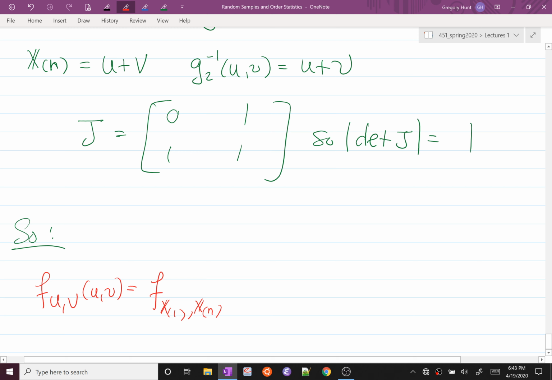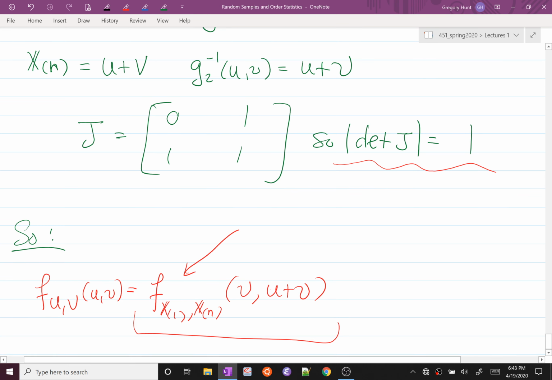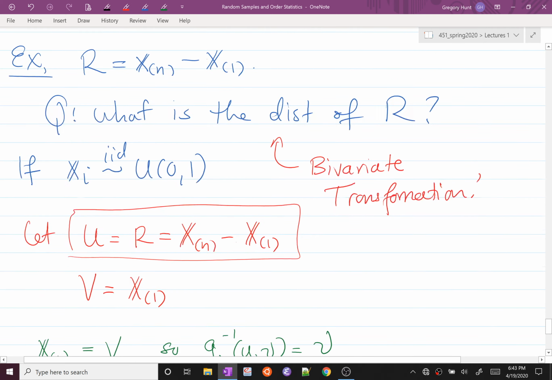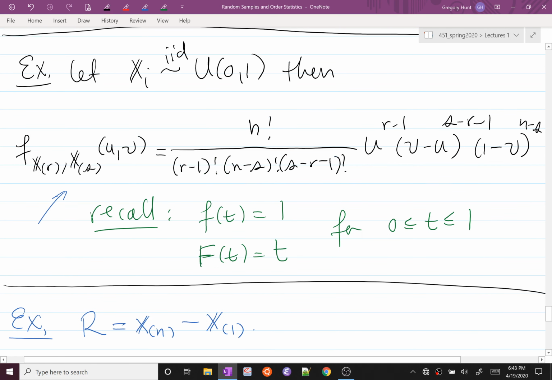Well, luckily we have a formula for that, and we plug in our inverse functions, which are v and u plus v. And then we multiply by this Jacobian determinant, but that's just 1, so we actually don't need to multiply. All we need to do is plug in v and u plus v into our joint distribution, which we very nicely derived up above here.